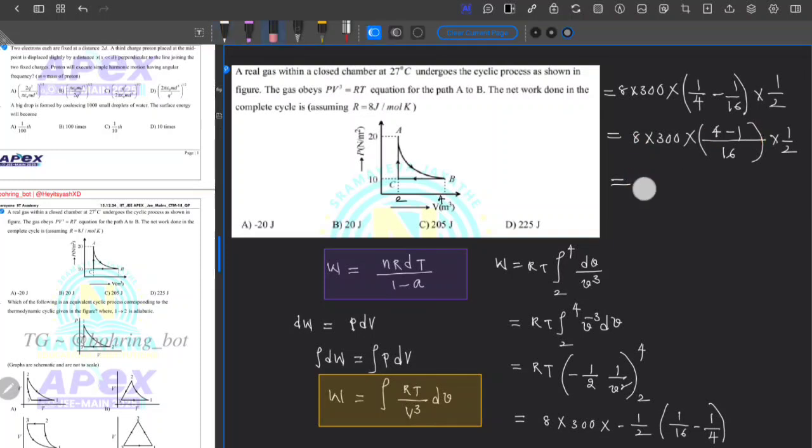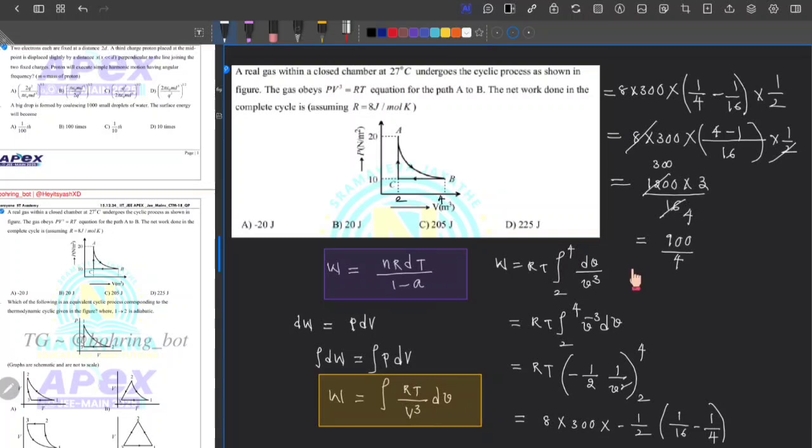This one and this one get cancelled, which is 4 into 300, 1200 into 3 by 16, right? 300 times 3 is 900 by 4.